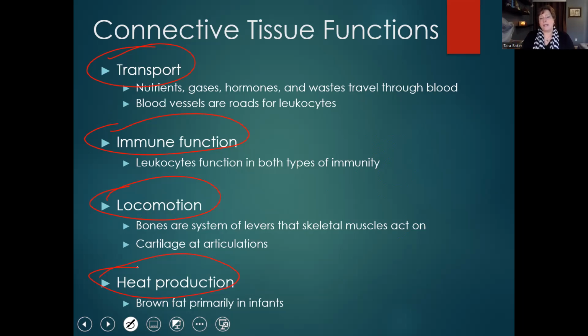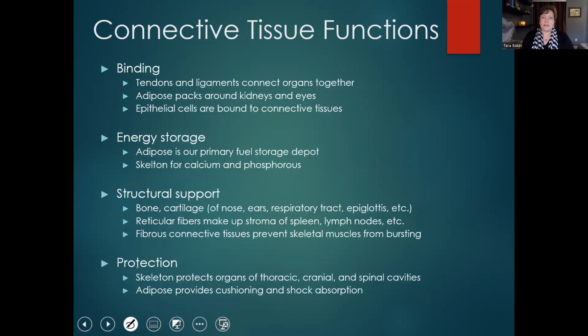When it releases its energy, it releases heat, especially brown fat, which is found primarily in infants. So a nice chubby baby is good, not too chubby, but a nice chubby baby is good because they have brown fat that's going to keep them warm. And we want to make sure that they keep their body temperature up.